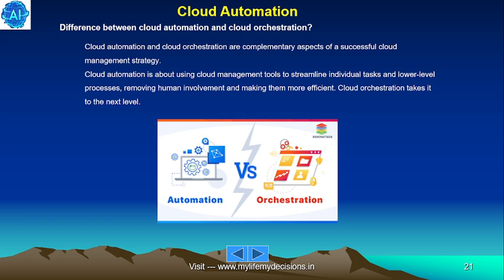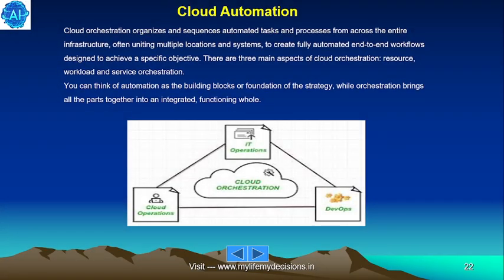Cloud orchestration takes it to the next level. Cloud orchestration organizes and sequences automated tasks and processes from across the entire infrastructure, often uniting multiple locations and systems to create fully automated end to end workflows designed to achieve a specific objective.